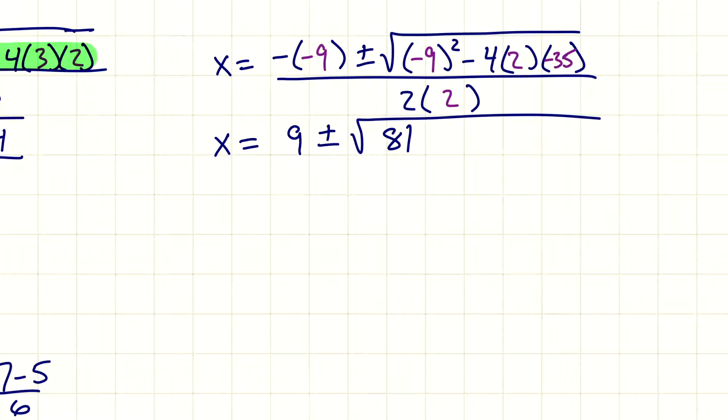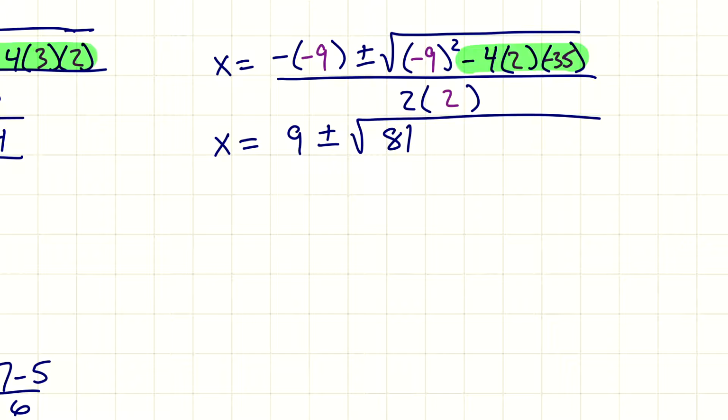And then the second part is going to be, let me use green. -4 times 2 times -35. So let's see, I'm going to need a calculator for this one. So -4 times 2 is -8. That's for sure, I know.